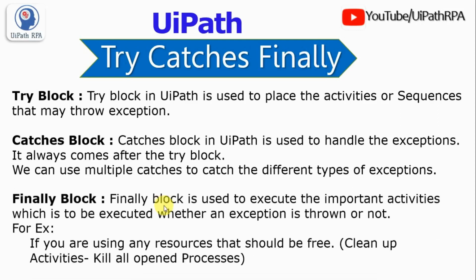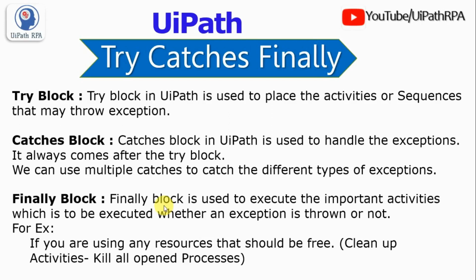Now the last is the finally block. The finally block is used to execute the important activities which are to be executed whether an exception is thrown or not. For example, if you are using any resources that should be freed, right? Like cleanup activities code, something like kill all open processes.